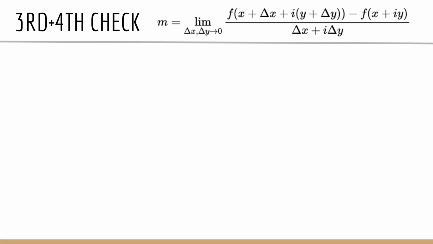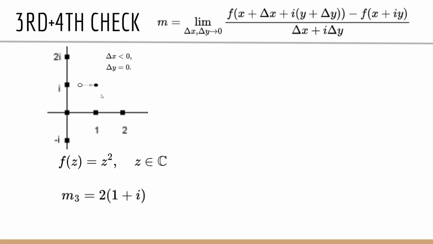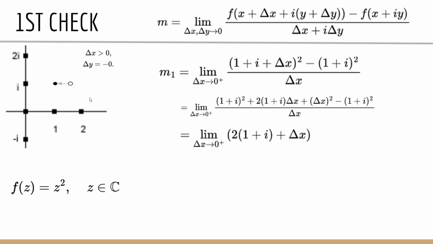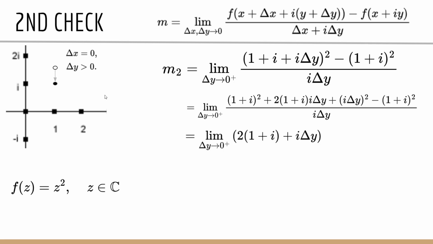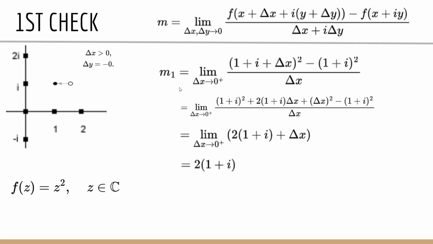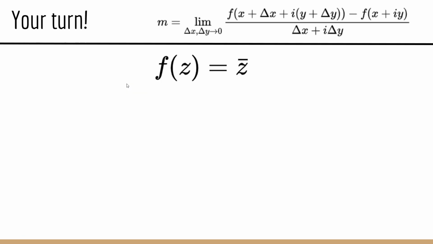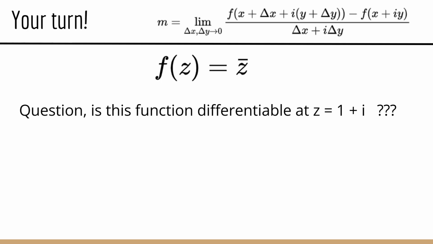For example, when we approached our point from the positive real axis, we got 2 times 1 plus i. But maybe as we approach this 1 plus i point from another direction, we get a different gradient compared to this direction. So I'm going to leave you some time to do this.